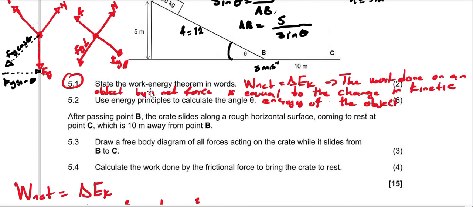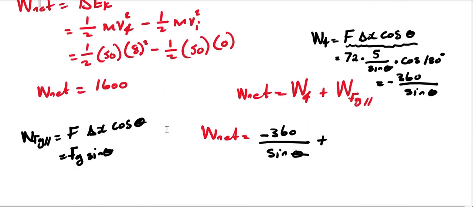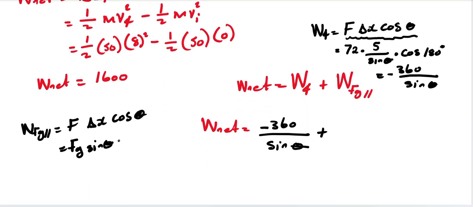Someone is now confused. Our FG sine theta is this force here. This force and this dotted line here, it is the same. That's why I'm saying FG sine theta here. This mg sine theta is for the force. And then what's our change in x? Our change in x is the same as that one. It is 5 all over sine theta.